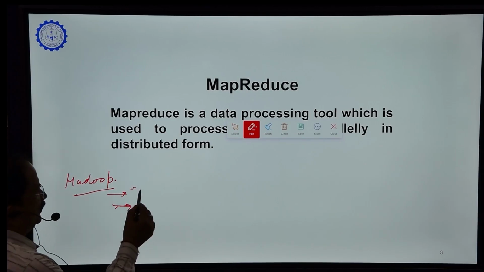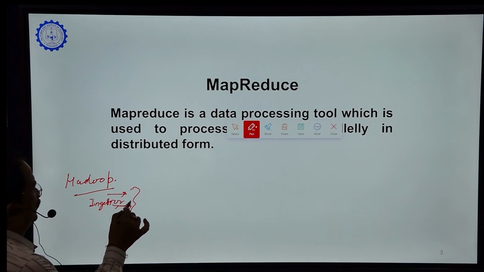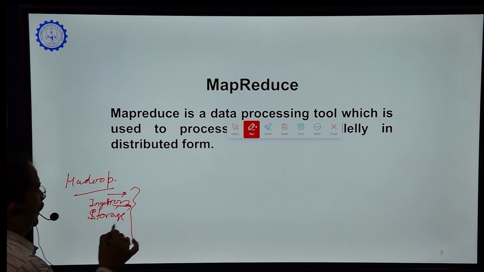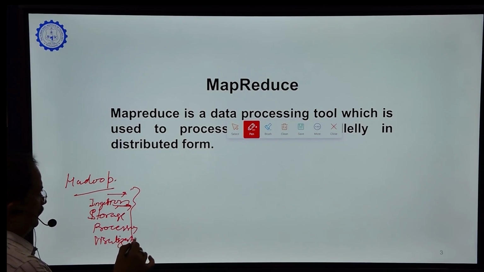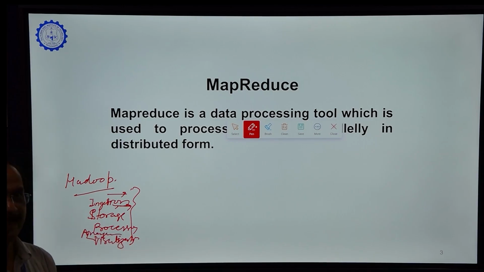So these are the different parts of Hadoop: data ingestion, storage, data processing, and the data visualization, or analysis of the data also.